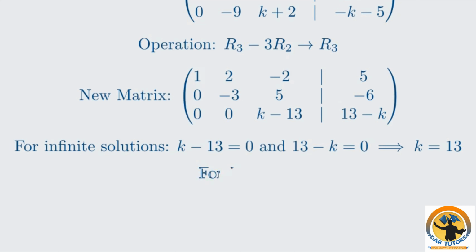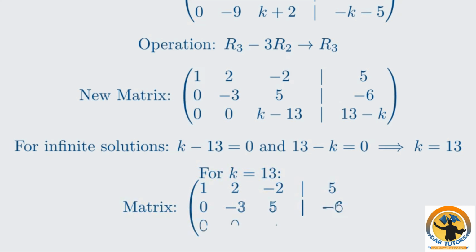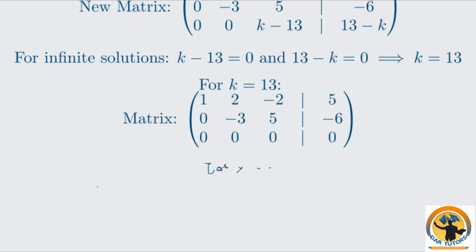The matrix becomes 1, 2, -2, 5 in the first row, 0, -3, 5, -6 in the second, and 0, 0, 0, 0 in the third. The third row is redundant. We have 2 equations and 3 unknowns, so we introduce a parameter. Let z equal t.